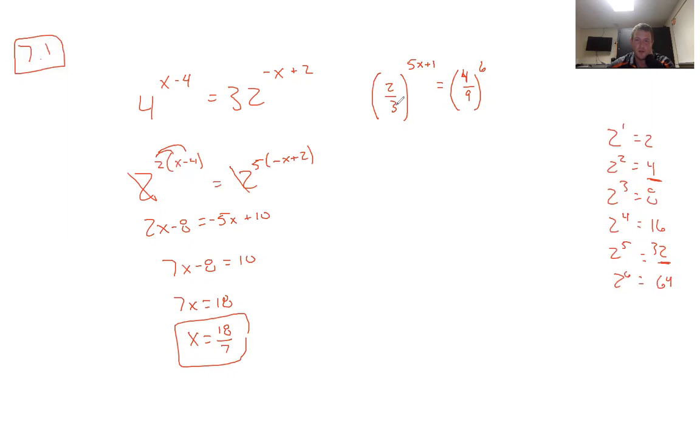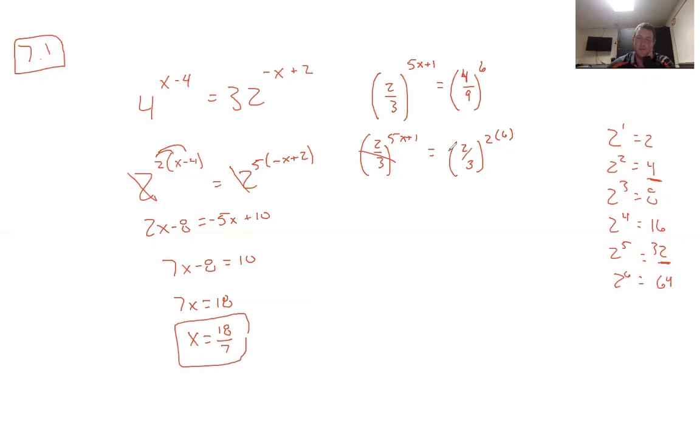Where it looks like 2/3, notice that if I square 2, I get 4, and if I square 3, I get 9. So really, I can rewrite this side as 5x plus 1 is equal to 2/3 squared, which would be 4/9 to the 6th.